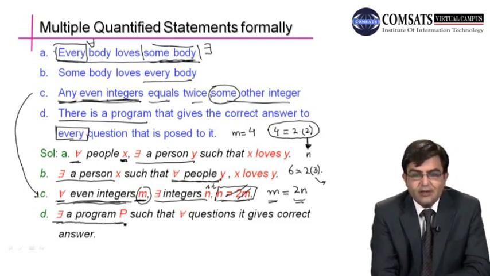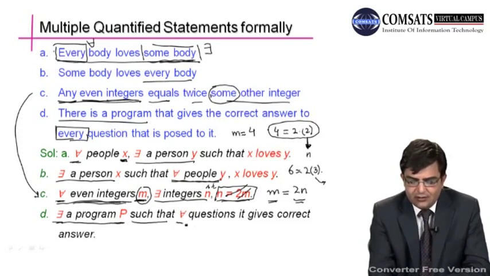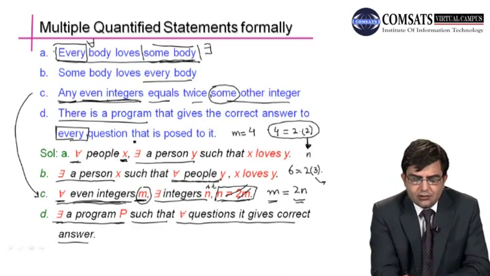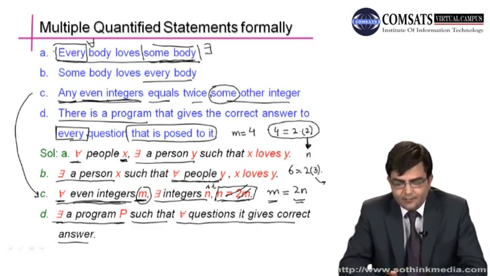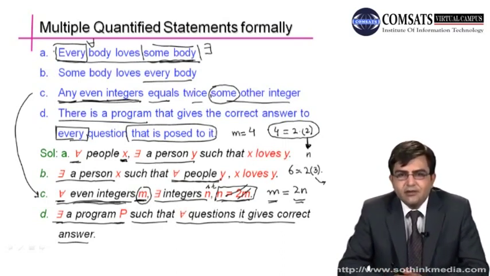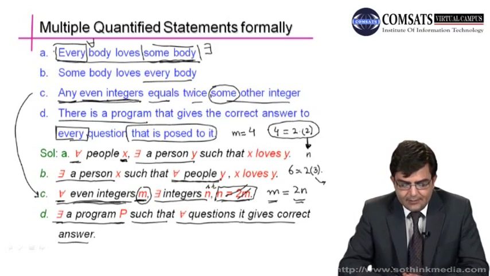There exists a program P such that for all questions it gives the correct answer. So there is no need to use this because it is obvious. Whatever the question we pose to the program, it will give you the correct answer.